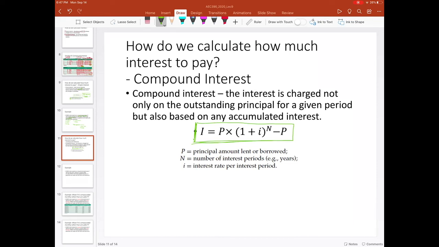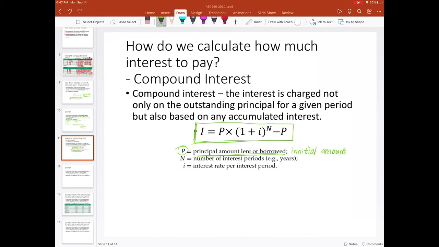I is P times (1 plus lowercase i) to the power of n, minus P. Still, P is the principal amount lent or borrowed, the initial amount.